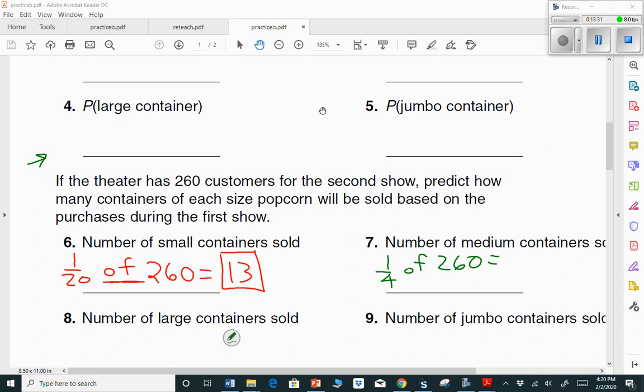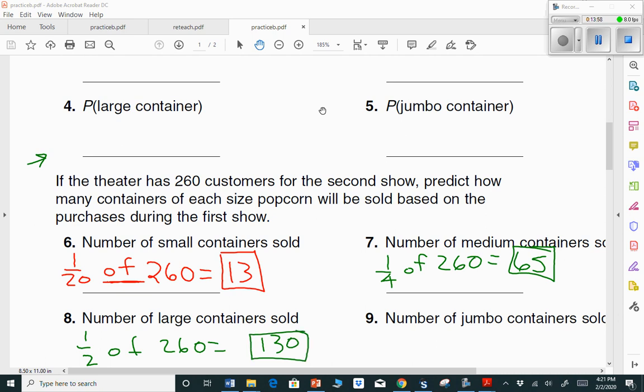And again, in your calculator, 1 fraction key 4 times 260 equals 65. Okay, and then the large containers, that was 1/2 of 260. And that's 130. We shouldn't need any calculator for that.